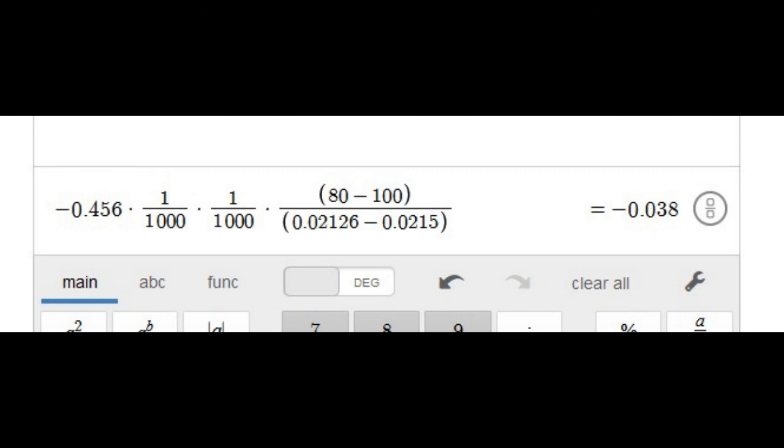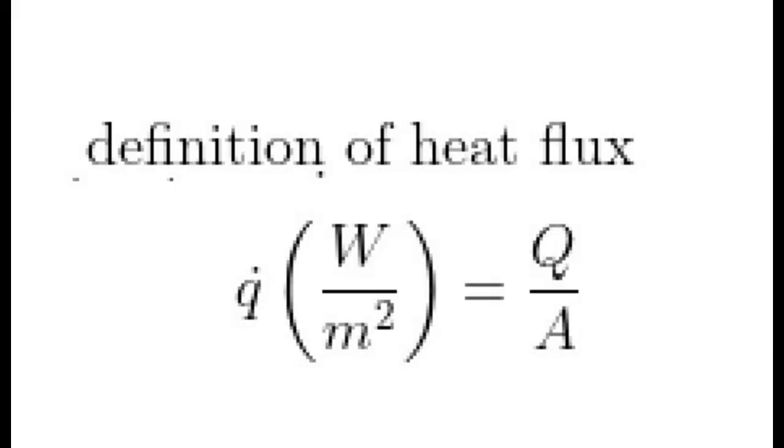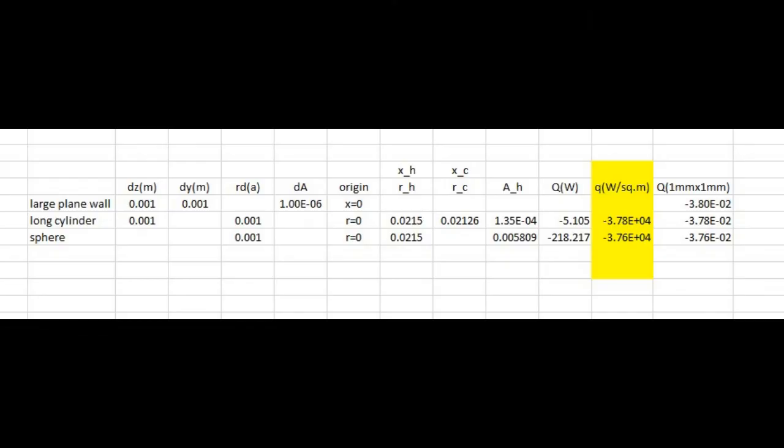To make a proper comparison, we will calculate the heat flux. The heat flux definition is shown in the clip. The property is defined by dividing the rate of heat transfer by the heat transfer area through which the heat flows. I tabulated values of properties in a spreadsheet shown in the clip.